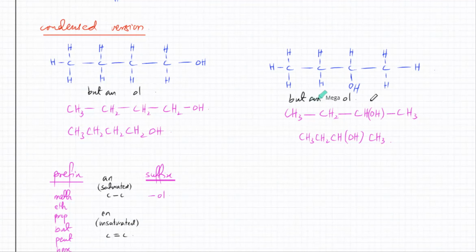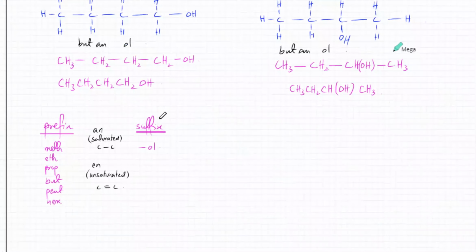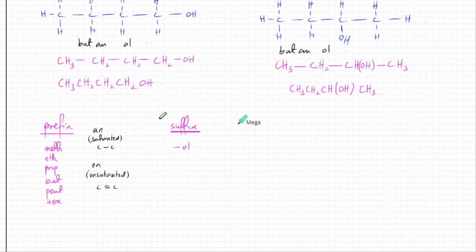The problem is both of them are butanols, but their structures are different. So what do you do now? This was also the issue with alkenes, and it's the same issue with alcohols. This one is a butanol molecule, and this one is also a butanol molecule. So before the ol, you add the position of the functional group. So the position needs to be mentioned.